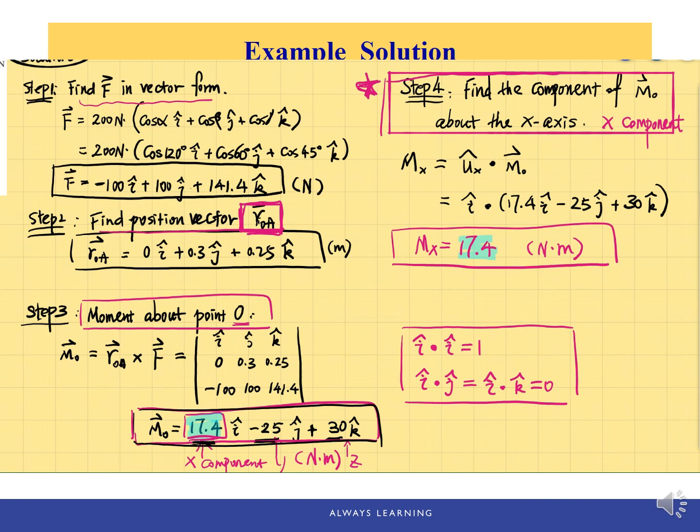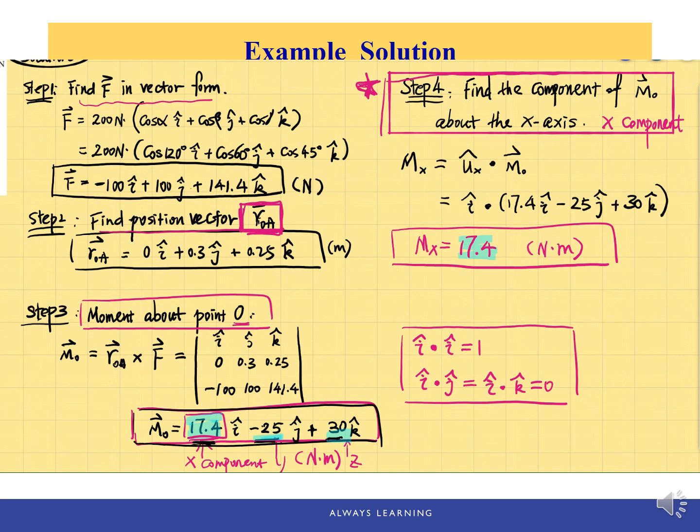So now we realize the tendency for this force, or for this wrench, to rotate about the x-axis is 17.4, and if it's going to rotate about the y-axis, the component is 25, and the tendency to rotate about the z-axis is 30.